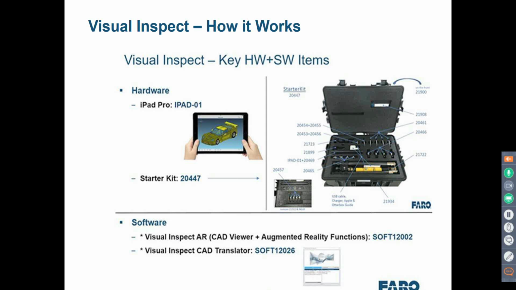There's the CAD viewing capability software, where you actually have the ability to take the compressed CAD data and put it onto the iPad and use it as a mobile viewer. Very powerful. And then the most powerful is the CAD viewing capability, but also the augmented reality capability. So those are 2 very distinct software packages. And then we have that extremely powerful universal CAD translator that I showed just a few slides ago.